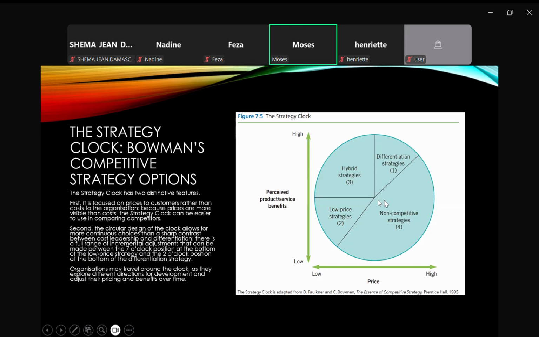And the difference is, whilst Michael Porter thinks that what makes you competitive is producing a service or a product at the lowest cost of production, Cliff Bowman, who is the initiator of this model, suggests that you can only become competitive not by cost, because customers do not care about the cost of production, but rather by the price.